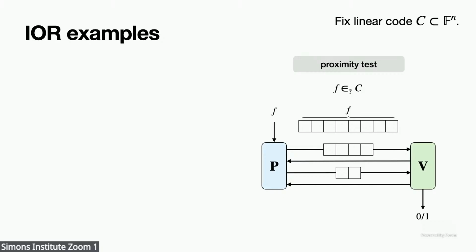A proximity test is an interactive oracle reduction where the prover and verifier exchange messages, and it's a reduction to the trivial language consisting of 1. If f is actually in the code, then the verifier will always output 1. And if f is sufficiently far from the code, then with high probability the verifier is going to output 0. Okay, so this is one example.